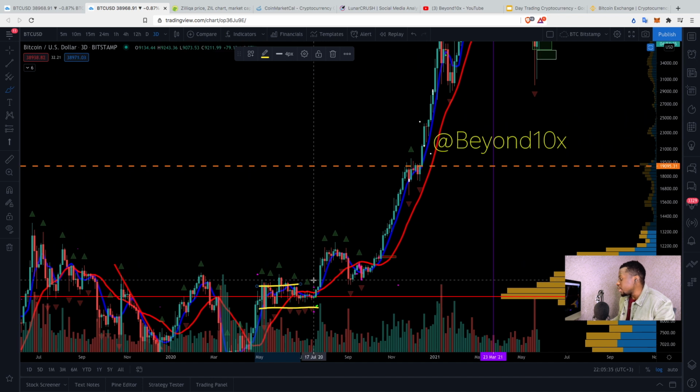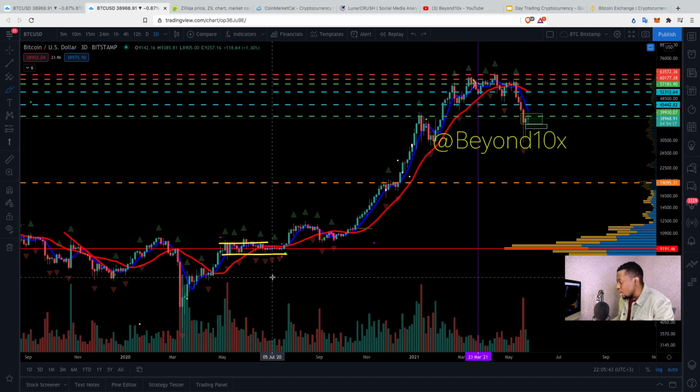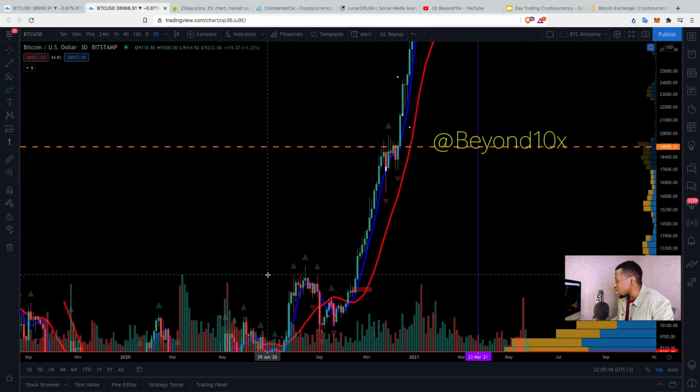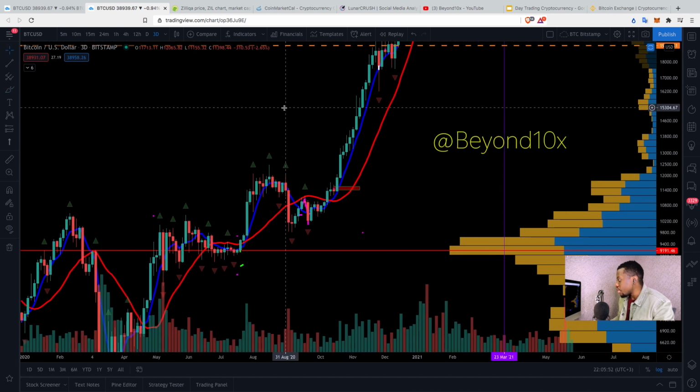Before the volatility came through, the price of Bitcoin was just going between a selected few areas. So we could low-key call this particular area a ranging market. The best example is obviously this particular area right over here.